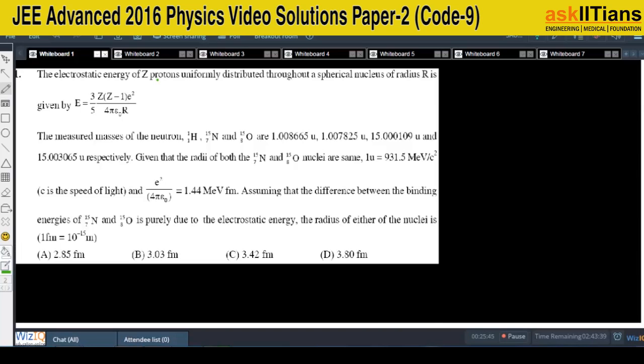Assuming that the difference between the binding energies of nitrogen and oxygen is purely due to electrostatic energy, we have to find the radius of either nucleus, in femtometers.